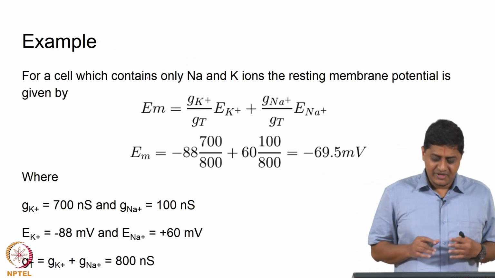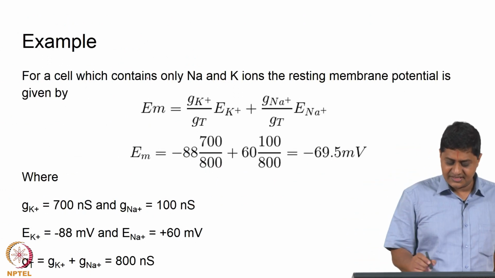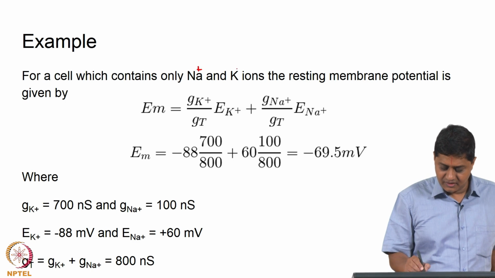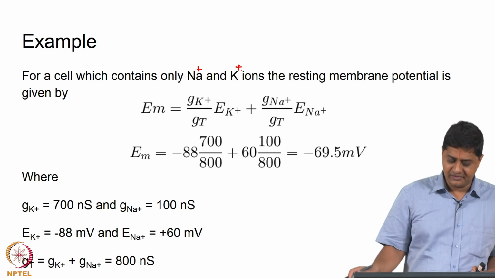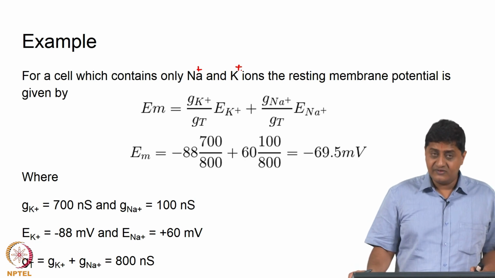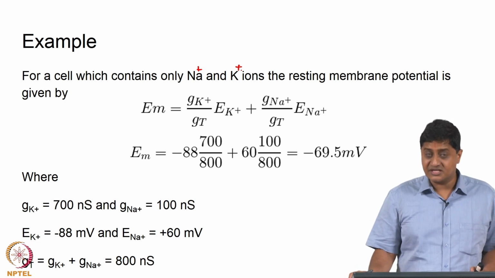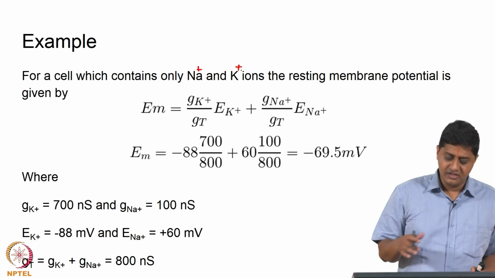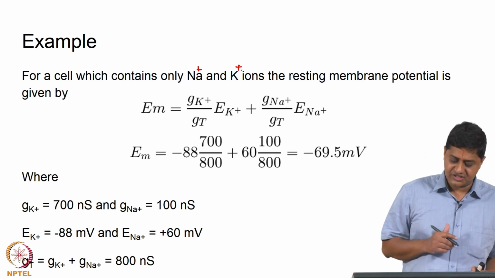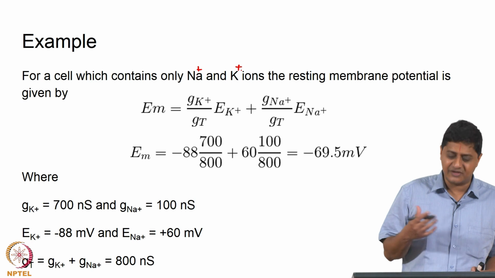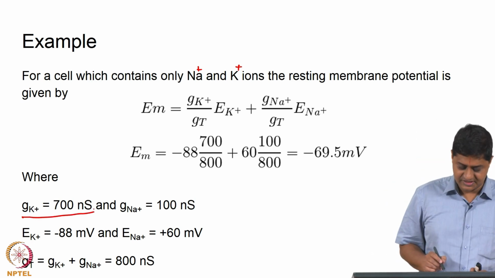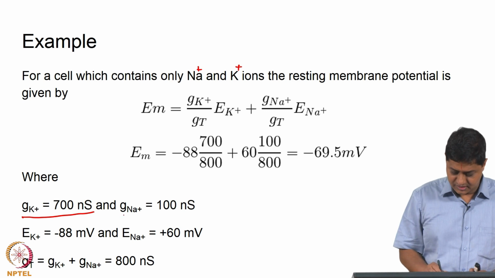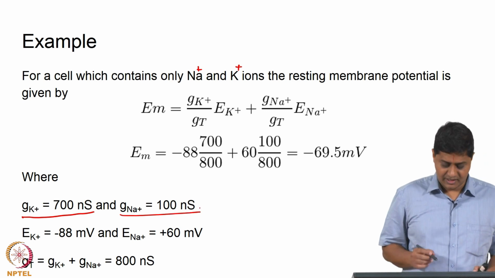Let us assume, to make it simple, that a cell contains only the sodium and potassium ions, there is no other ion in that cell, and let us try to compute the resting membrane potential as functions of the equilibrium potentials for sodium and potassium and the relative conductances. Let us suppose the potassium conductance is 700 and the sodium conductance is 100.